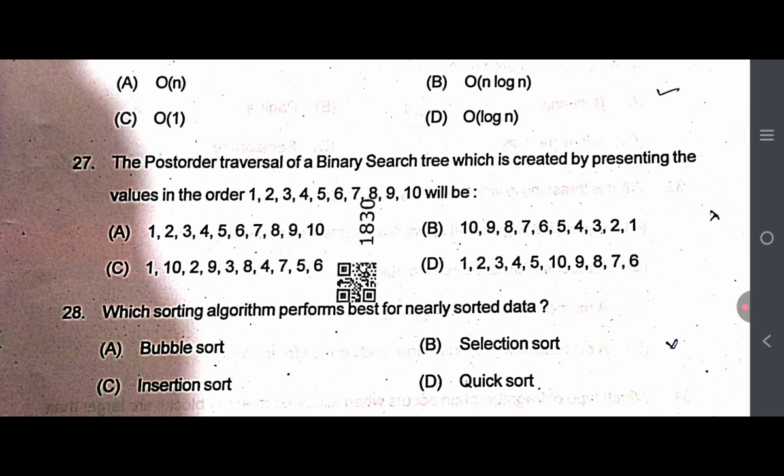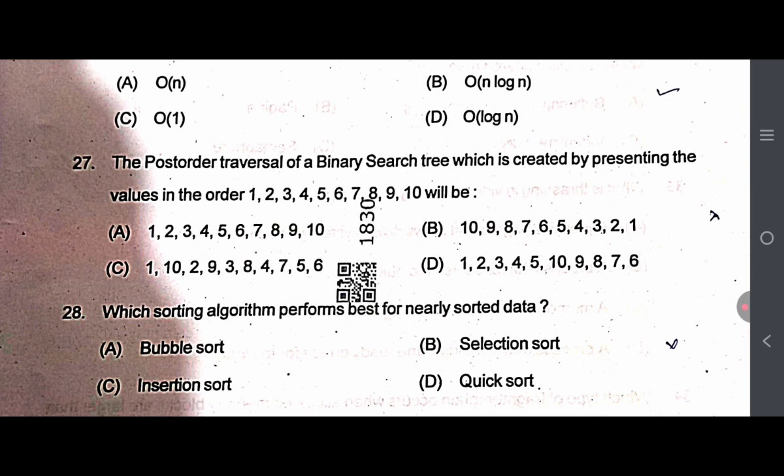If we do post order traversal, first visit the left subtree of 1 which is empty, visit the right subtree of 1 which is the subtree rooted at 2. Next, visit the left subtree of 2 which is empty, visit the right subtree of 2, the subtree rooted at 3, and so on until you reach 10.